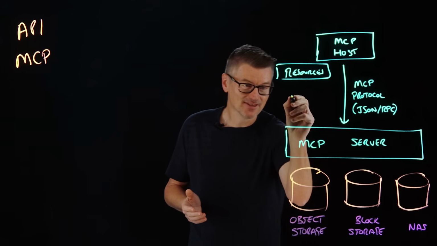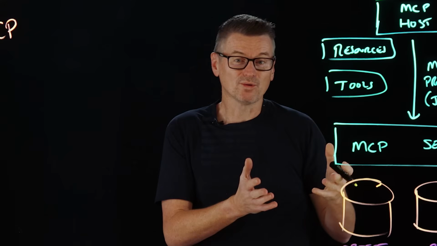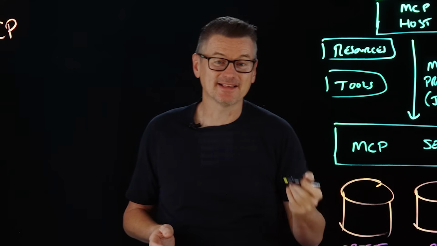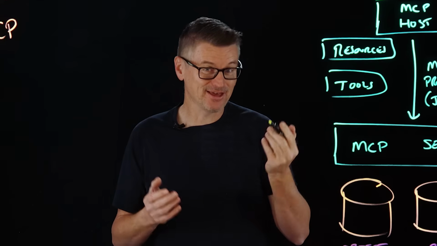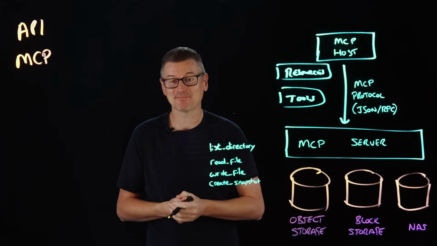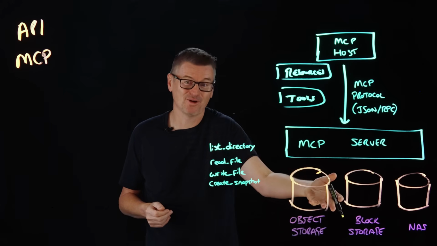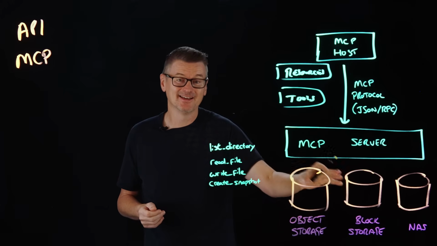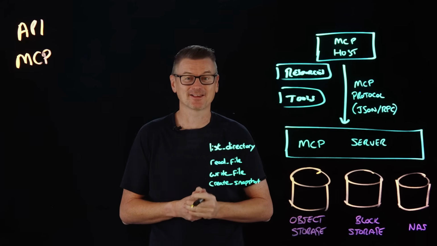And then there are tools. With tools, the MCP server exposes executable functions that the agent can invoke. So things like list directory, read file, write file, create snapshot. The agent doesn't care what's underneath. Object storage, block storage, NAS, doesn't matter. It calls the tool and the MCP server handles the translation.